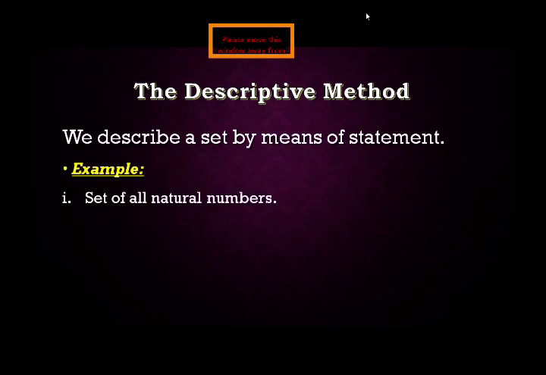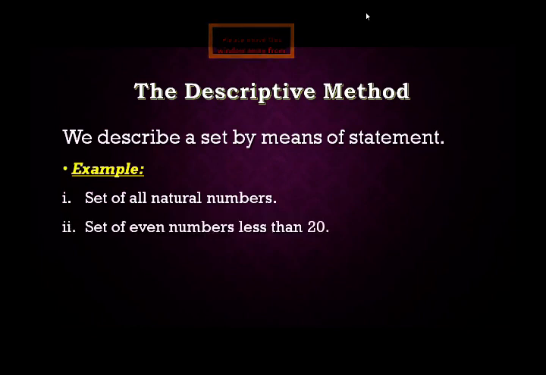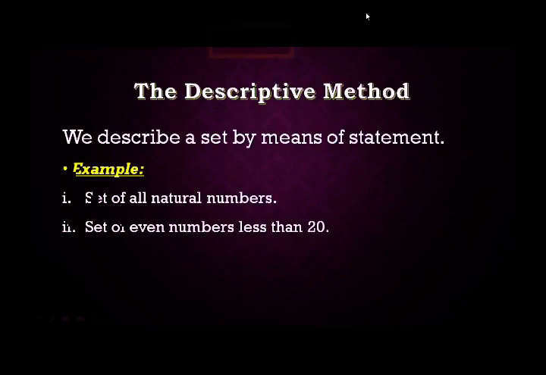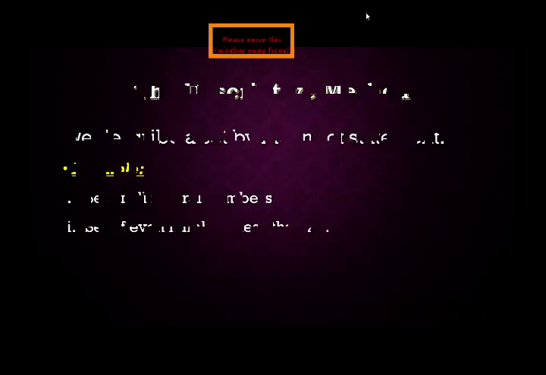Example: set of all natural numbers. This is in the form of a statement. Set of even numbers less than 20. This is also a statement. So in the descriptive method, we don't use any symbols, numbers or letters.